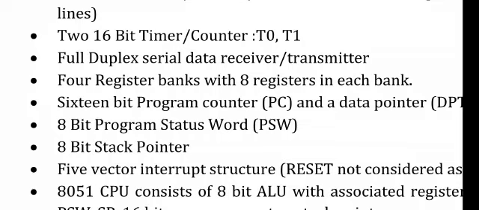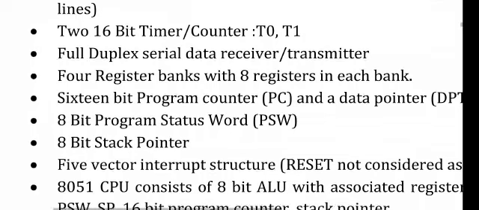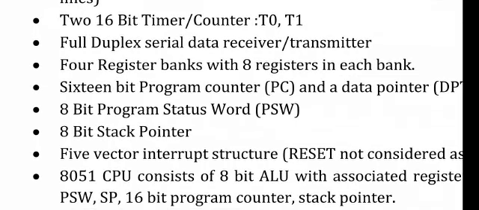So we have 32 general purpose registers divided into 4 register banks. At a time we can use only 1 bank. So if I am using bank 0, then we are not using bank 1, bank 2 and bank 3.